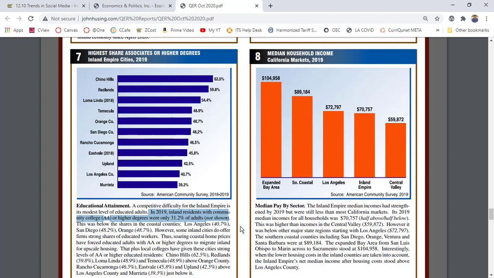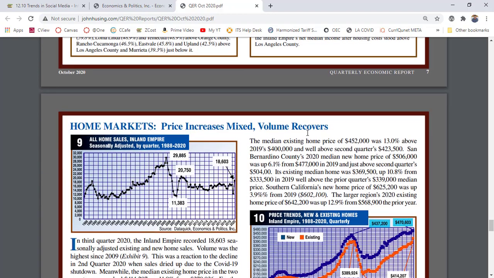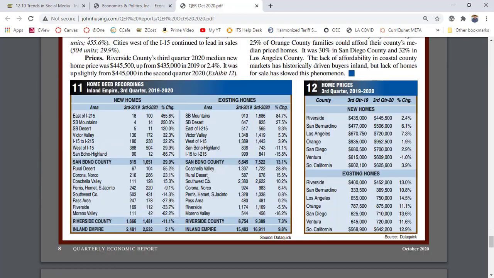It'll pay off, especially in the Inland Empire, where only 1/3 of the population has a college degree, an associate's or higher. In terms of income, you can see again where we are. The Inland Empire is second to last when it comes to median household income at 70K. Home markets, interesting. I'm sure you've seen what's been going on, but look at that.